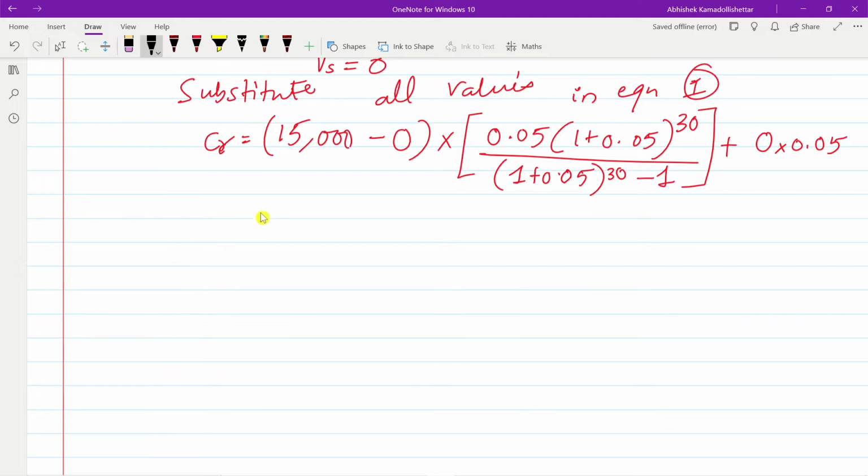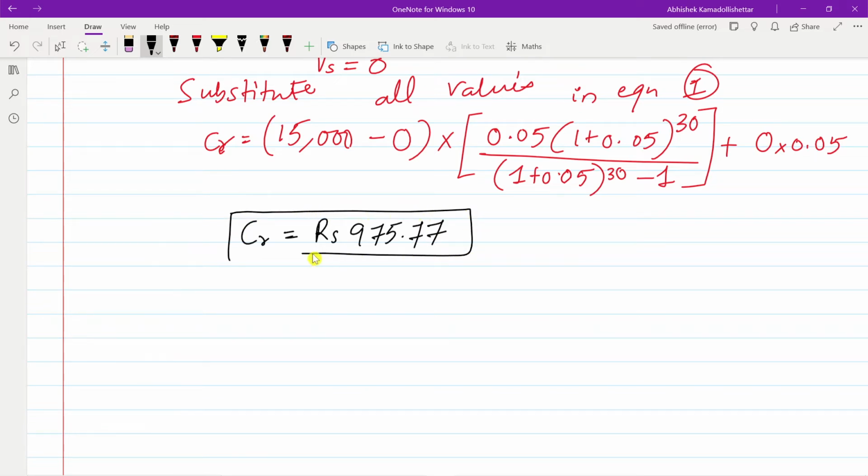When you solve this, you get the answer as rupees 975.77. So the capital recovery cost is rupees 975.77.